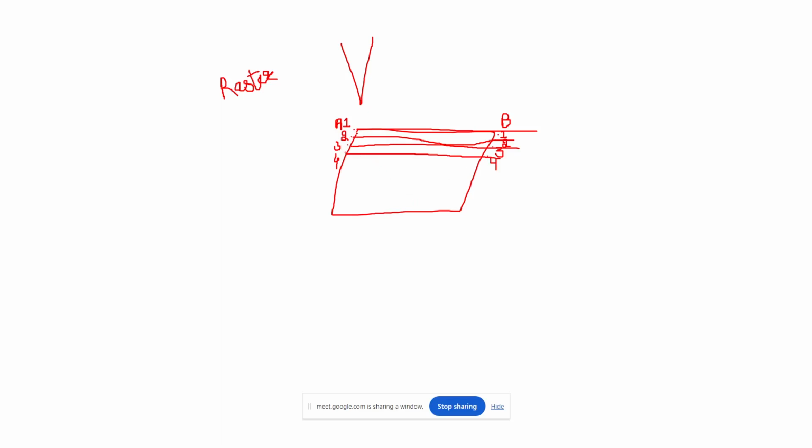Suppose this is your X direction and this is your Y direction. Then it will do scanning in the X direction, then change its value in the Y direction, and then again do scanning in the X direction.